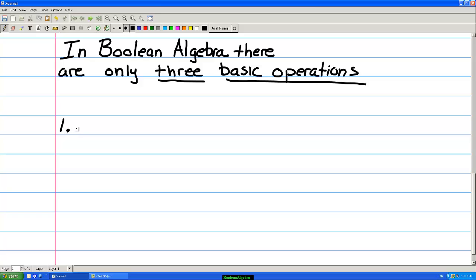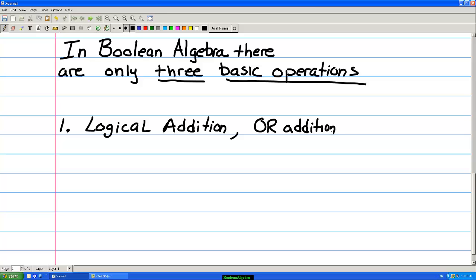Number one, we have logical addition, which is also called OR addition, or simply the OR operation. And the common symbol is the plus sign.